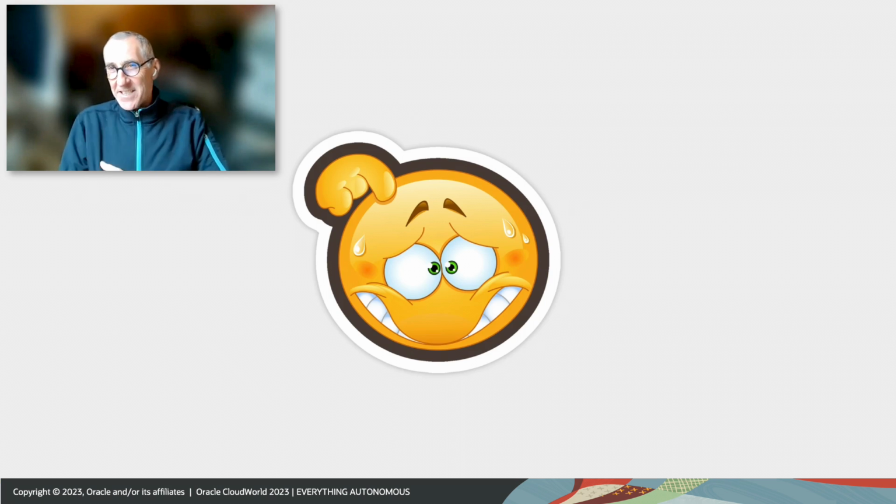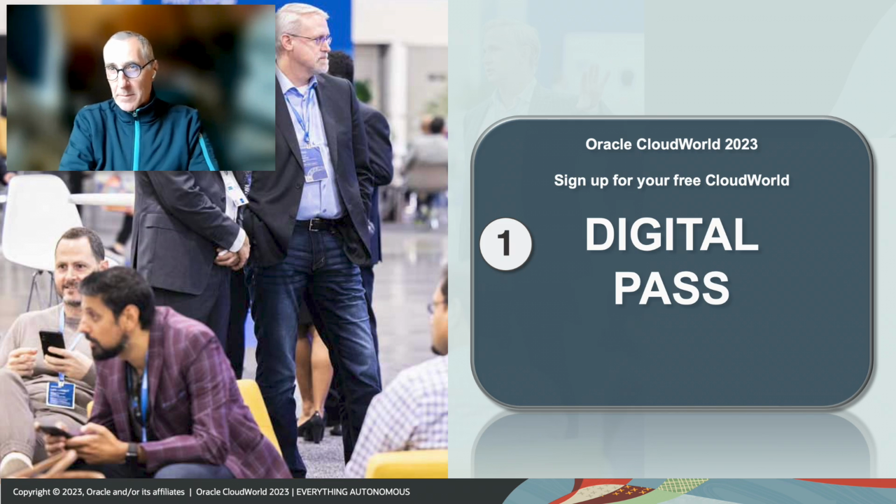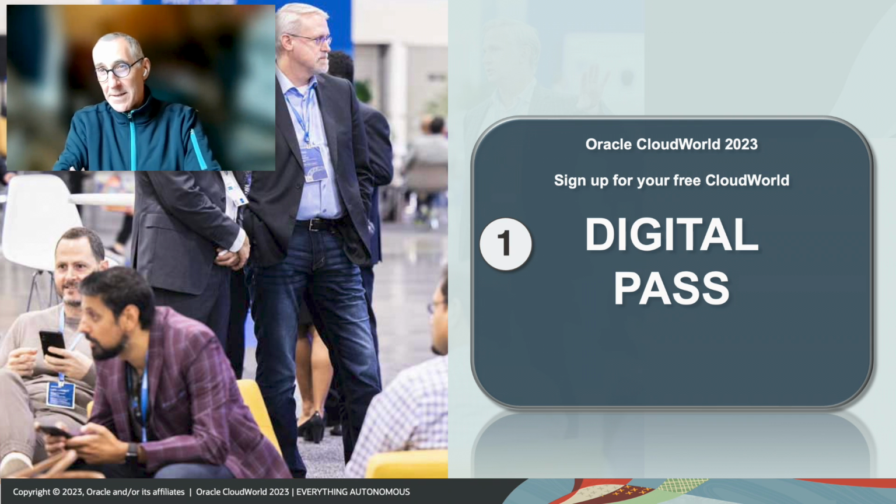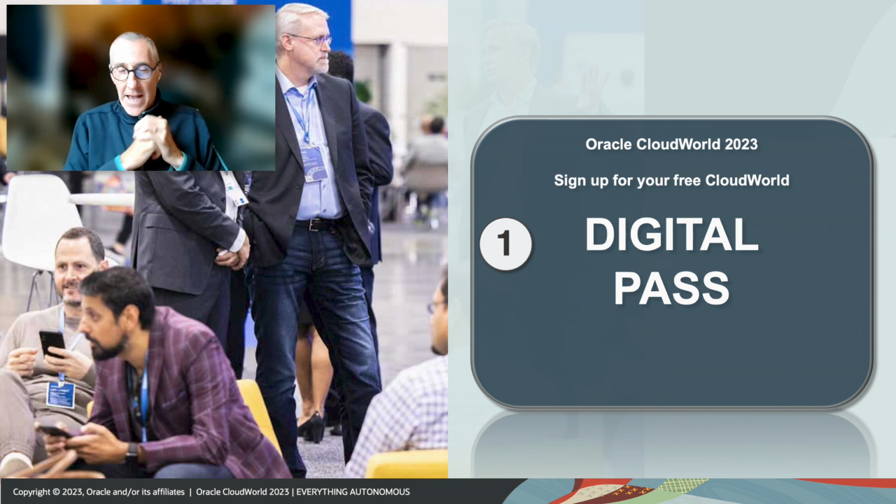And then I hit a little issue, which a couple of people that downloaded it were very kind to notify me about. I'd already pre-registered ahead of time to get my digital pass, because I knew about this, and I did mention in the guide: if you're going to CloudWorld or not going to CloudWorld, get a digital pass ahead of time.